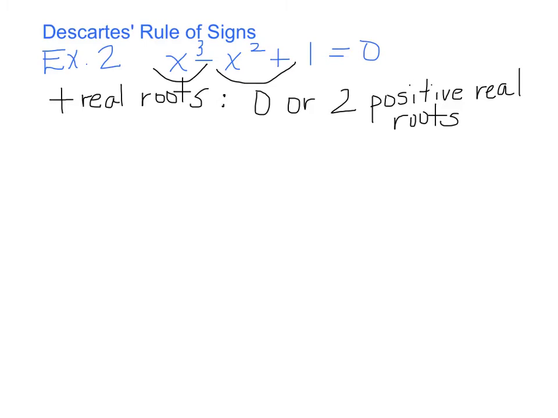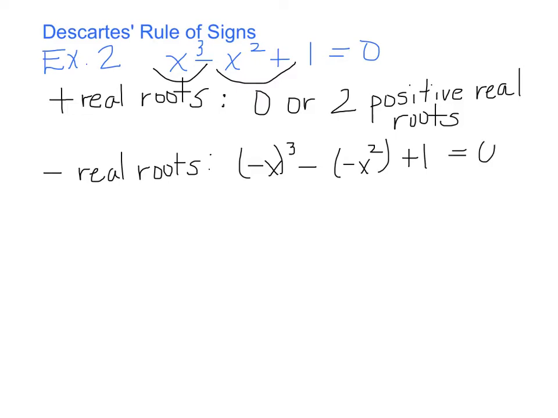Then to find the negative real roots, what you're going to do is you're going to plug in negatives for all your x's. So that'll be negative x cubed minus negative x squared plus 1. So if you do negative x to the third power, it's going to still be negative.